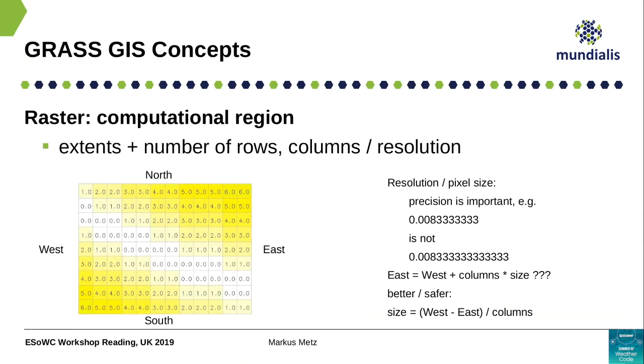There are a few particularities about the GRASS GIS concept, just to mention a computational region for raster processing, which is not always considered by other software, but which is a very powerful tool to steer the processing of raster data.